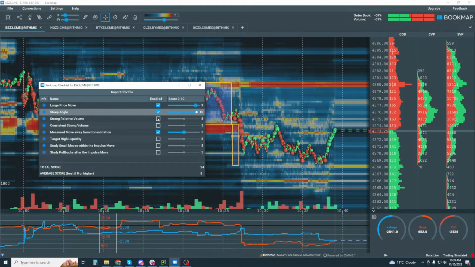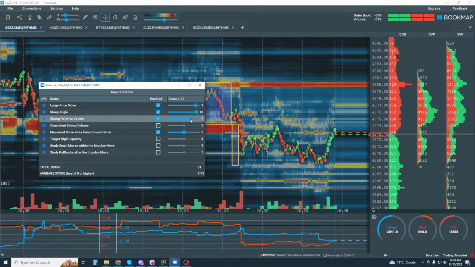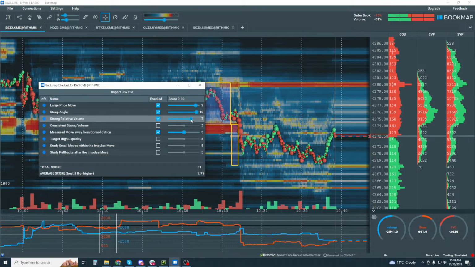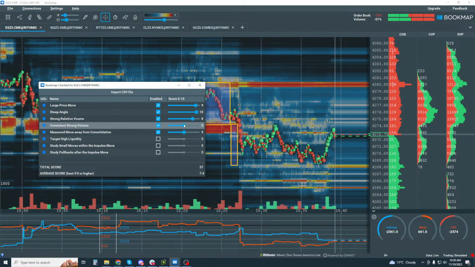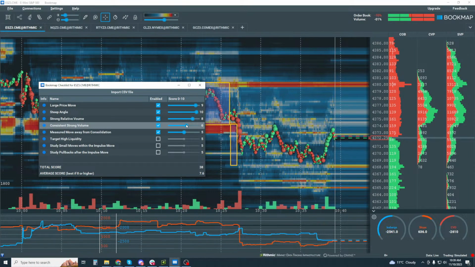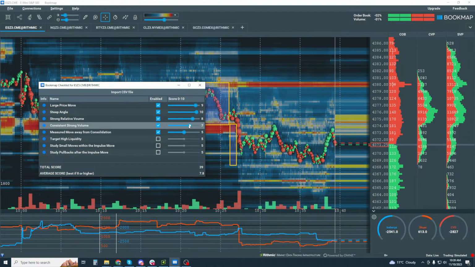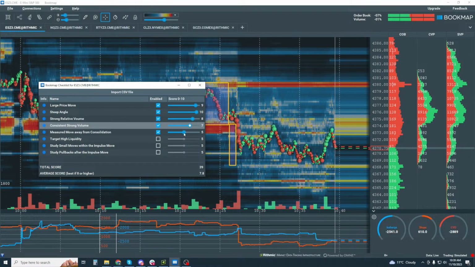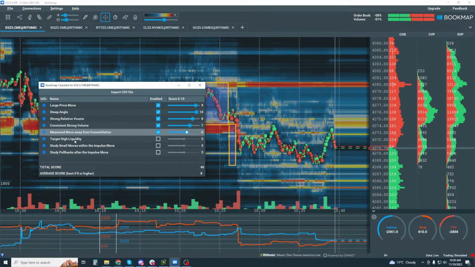Yeah, it's pretty good. There's some buying in here like we noted, so maybe like a 7 or an 8 in here. Is it consistent? No, right? Not all the way through, right? So I'll give this like a 6, maybe a 7. The measured move, no, we know that, maybe a 6 on that.